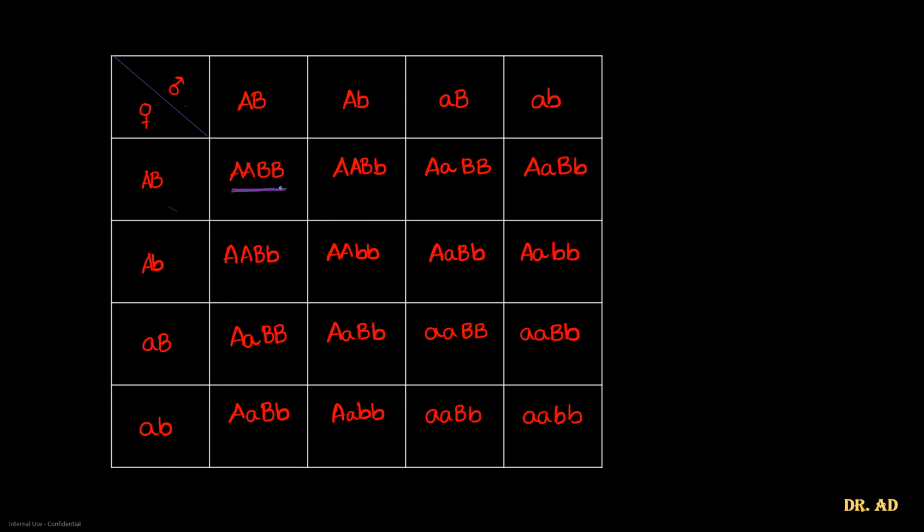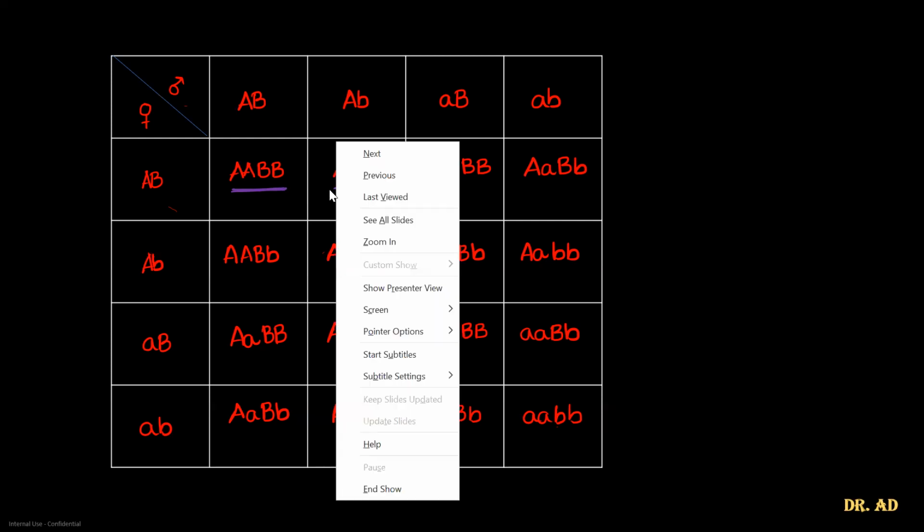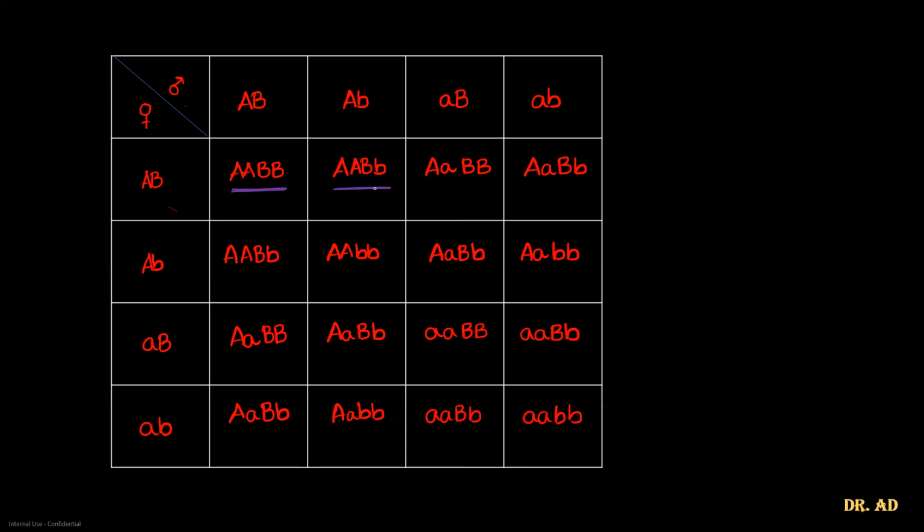Capital A and capital B both are present. Here also purple. We are only looking for capital A, capital B. Here purple. This is also purple. Done. Next, purple. This is definitely not purple because only capital A is here, capital B is absent. This is purple. This is purple. This one is also purple.